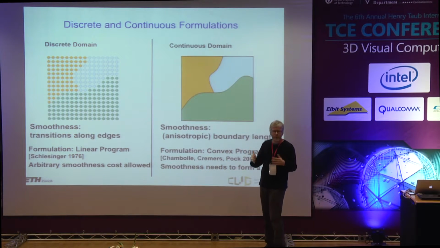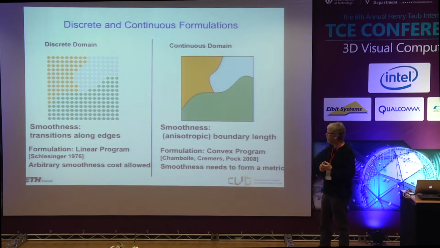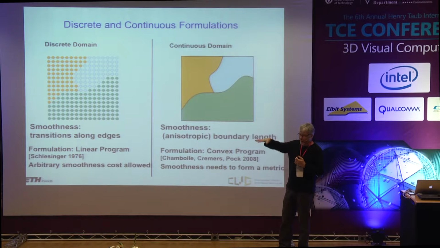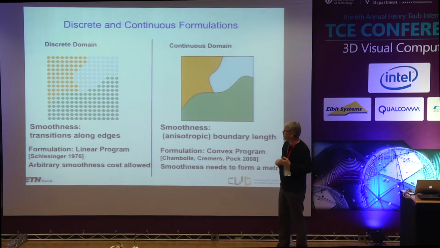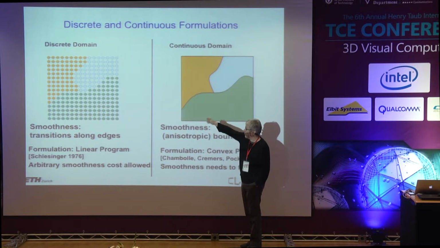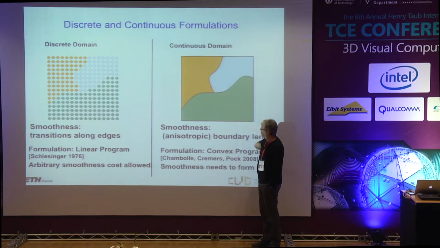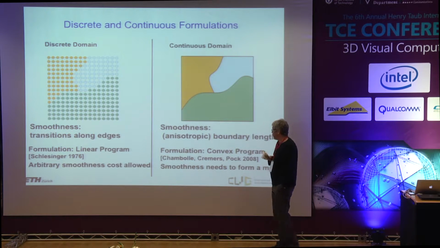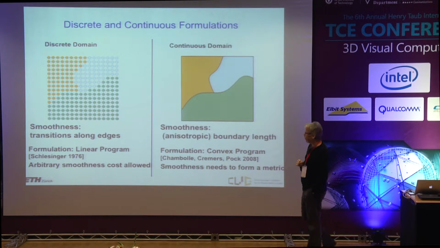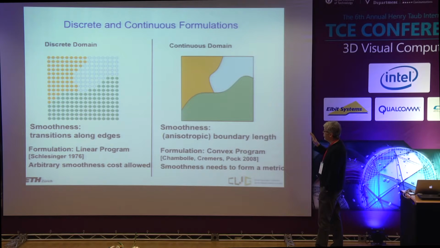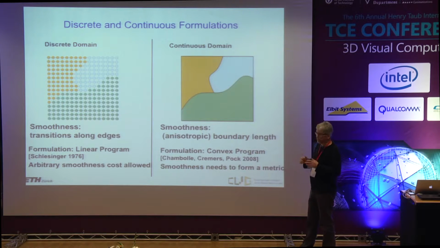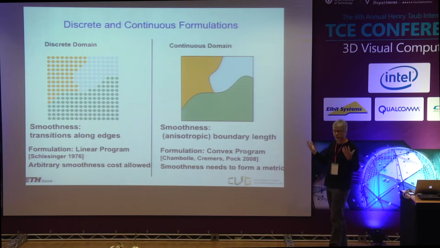Boykov and others have proposed some methods to better approximate a more arbitrary smoothness cost, or a smoothness cost that would take normals into account, but better approximate the actual surface area, for example. But it's very limited in what you can do there, and it comes at a big cost of putting many extra nodes in your network. On the other hand, there have been continuous formulations, continuous in the domain, in particular by Kramers and collaborators, where you have a continuous domain and can do some anisotropic boundary length optimization in 2D, or surface area in 3D.